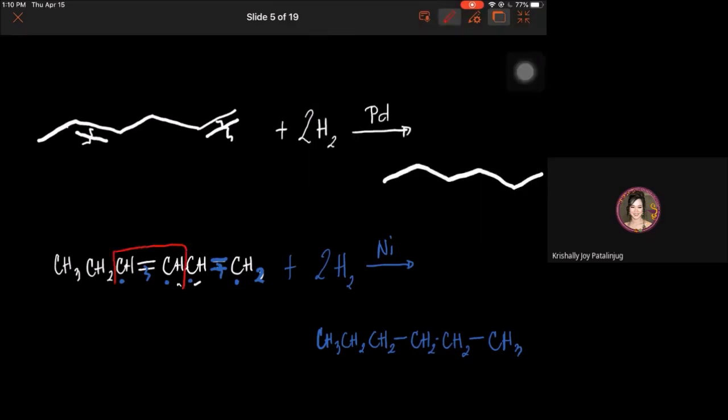This part, pag third and fourth carbon, and then this part as well. Each nadagdagan lang ng tag-isang hydrogen, kasi doon nangyari yung hydrogenation reaction. Okay? So that is all about catalytic hydrogenation.